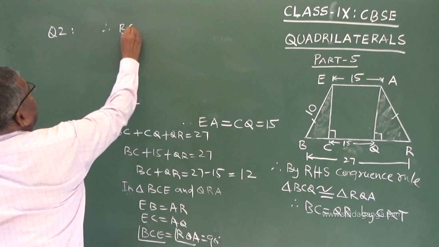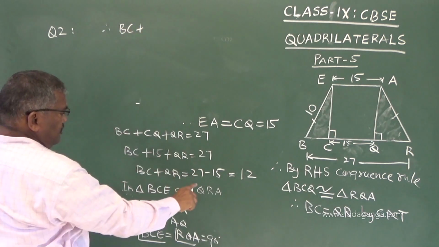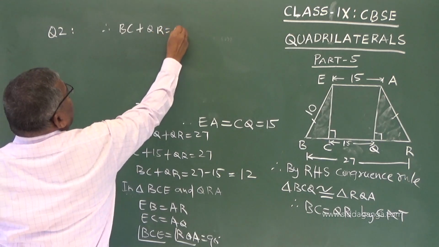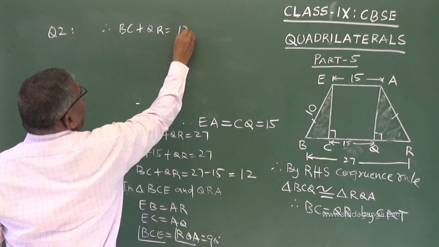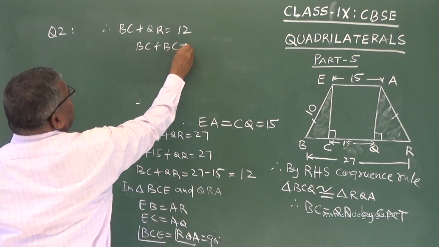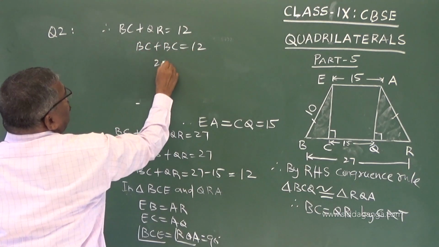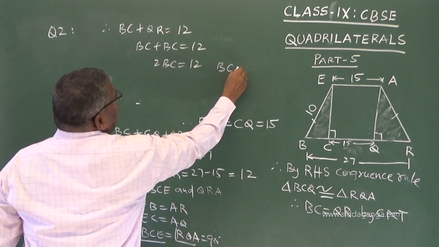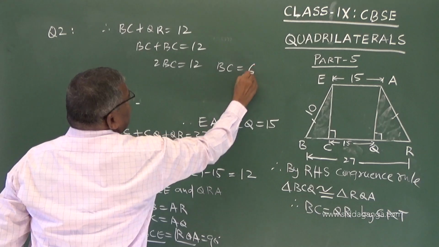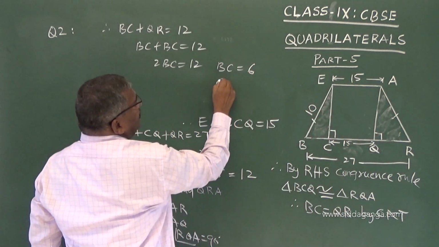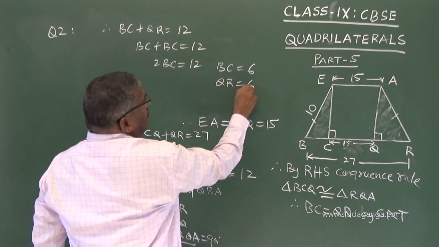Therefore BC plus QR is equal to 12. That means BC plus BC is equal to 12, 2BC is equal to 12, or BC is equal to 6. So when this is 6, this is also 6, and QR is equal to 6.